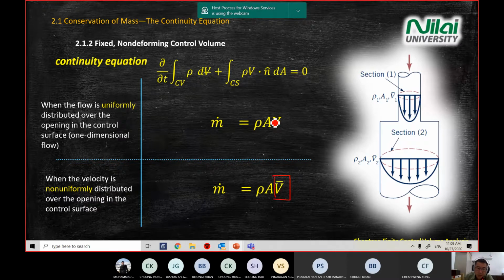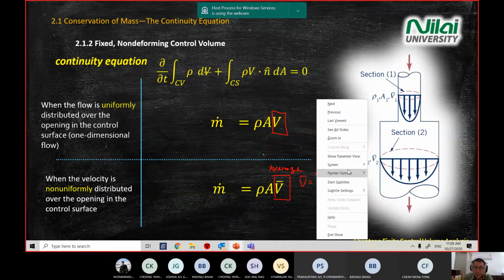The difference between v and v hat is that v hat is the average velocity. We already showed that for a parabolic shape, v hat equals v max divided by 2, for parabolic only.